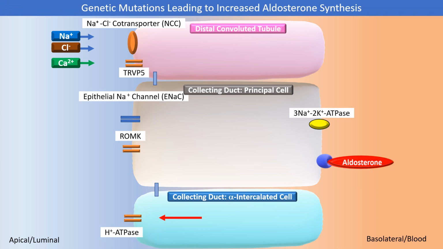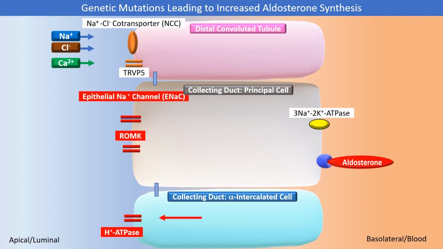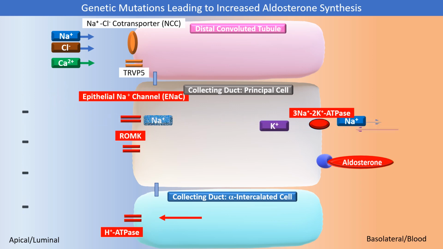Mutations leading to increased synthesis of the mineralocorticoid hormone aldosterone can lead to upregulation of apical ENaC, ROMK, and hydrogen ATPase, and the basolateral sodium-potassium ATPase. Increased ENaC expression and activity increases sodium reabsorption.